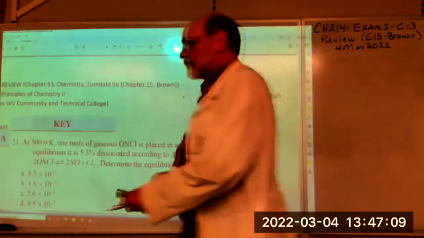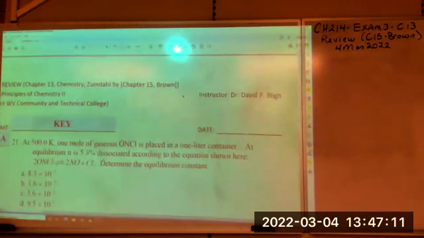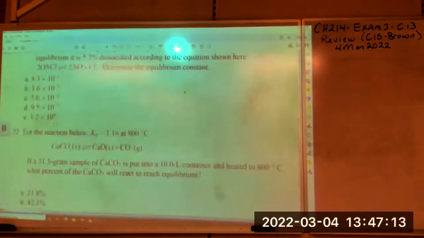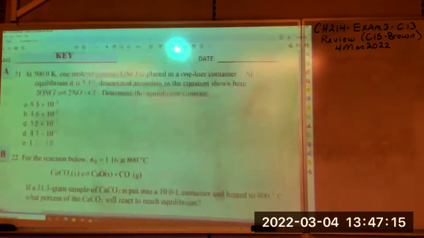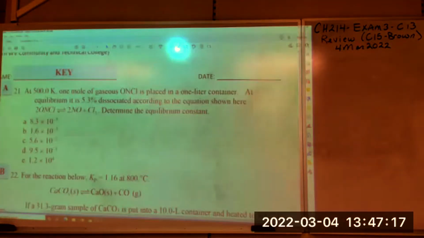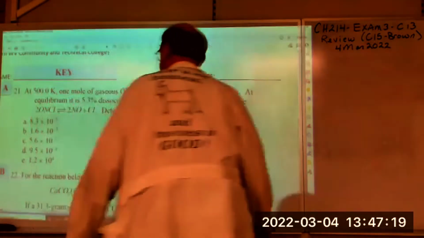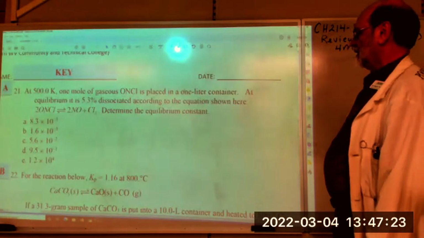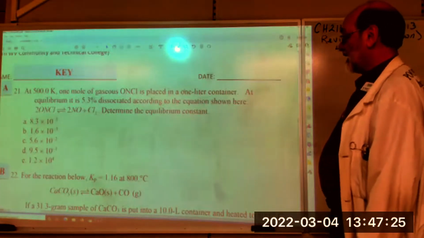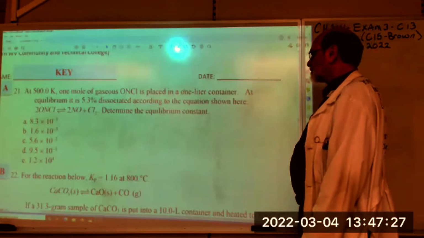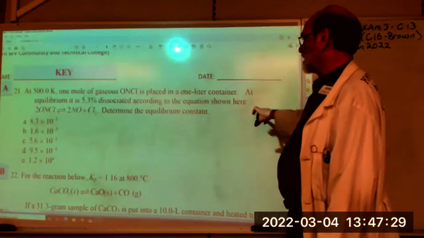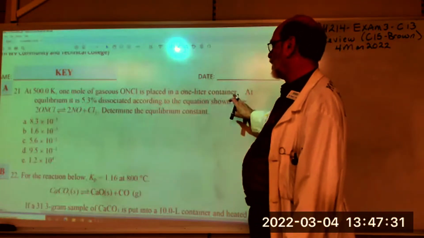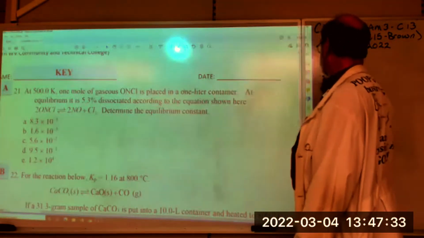Okay, scroll that a little bit. Like that. At 500 K, 1 mole of gaseous ONCl, not even sure how to name that, is placed in a 1 liter container. 1 mole in 1 liter means it's 1 molar.